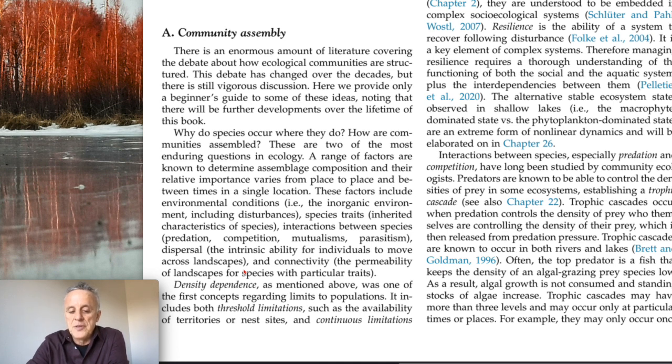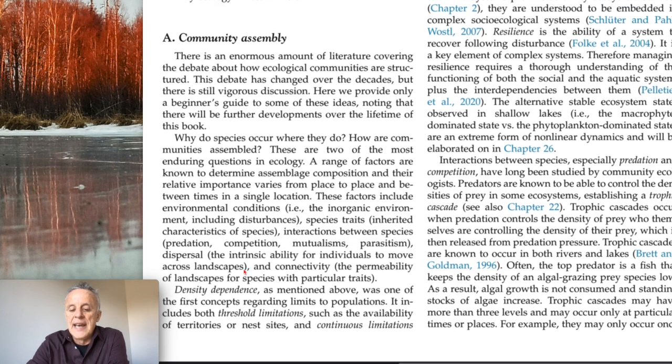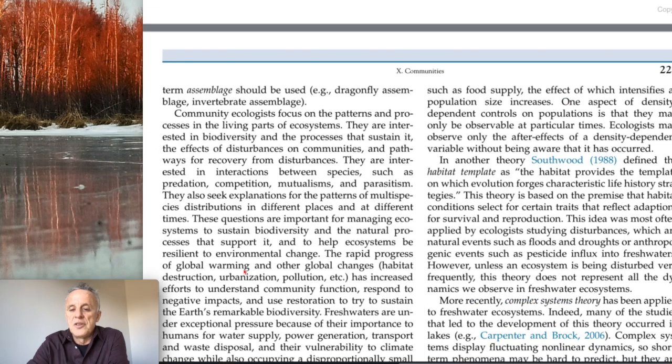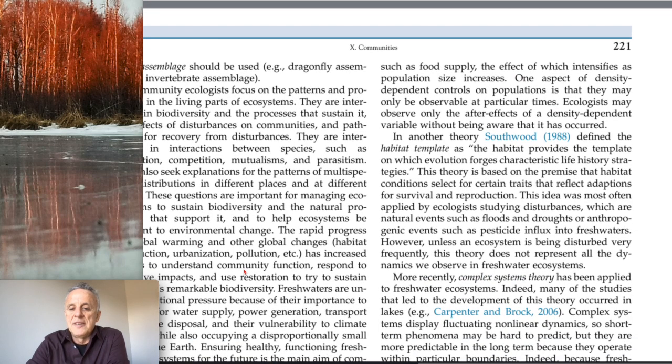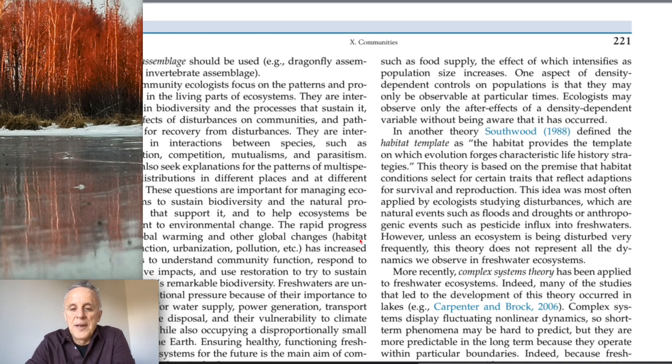It includes both threshold limitations, such as the availability of territories or nest sites, and continuous limitations, such as food supply, the effect of which intensifies as population size increases. One aspect of density-dependent controls on population is that they may only be observable at particular times. Ecologists may observe only the after effect of a density-dependent variable without being aware that it has occurred.